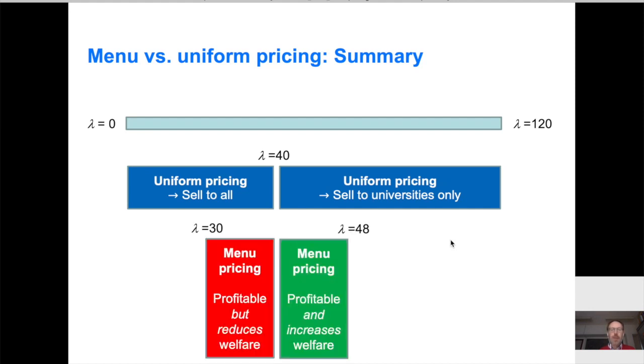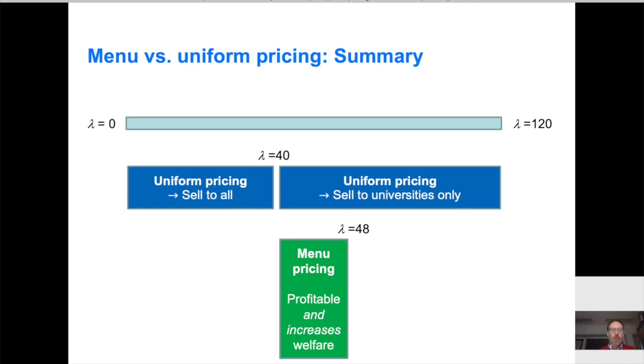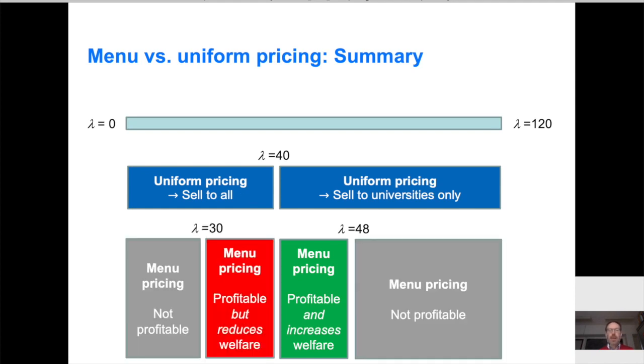If lambda is somewhere between 30 and 40, then menu pricing is profitable and would be chosen by the firm, but that would reduce welfare. That would in particular make universities worse off compared to uniform pricing. Finally, for all other values of lambda, menu pricing is not profitable and will not be chosen by the firm.